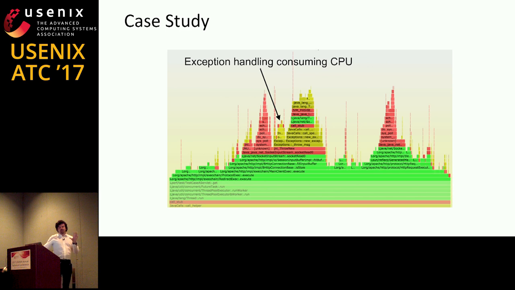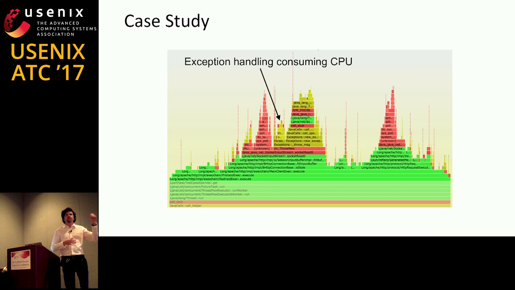To start with something to think about straight away, I still haven't explained what they are, but this is an example which has come up a number of times at Netflix, where the CPU time for an application is actually spent in exception handling. And since the way I've been creating flame graphs is to show all CPU cycles, whether it's in the application, whether it's in user mode, native libraries, or whether it's in the kernel, this shows up quite clearly.